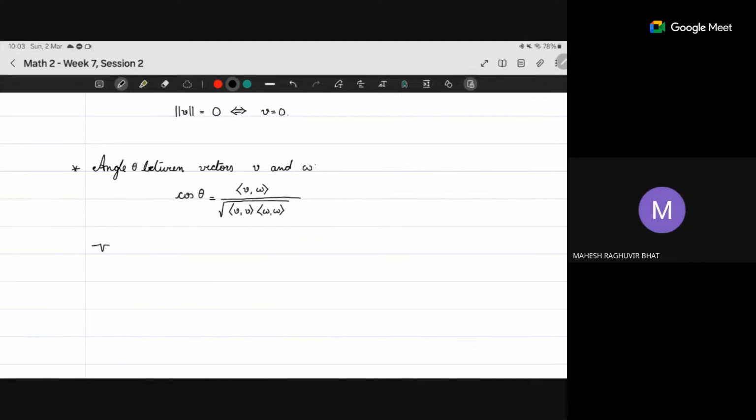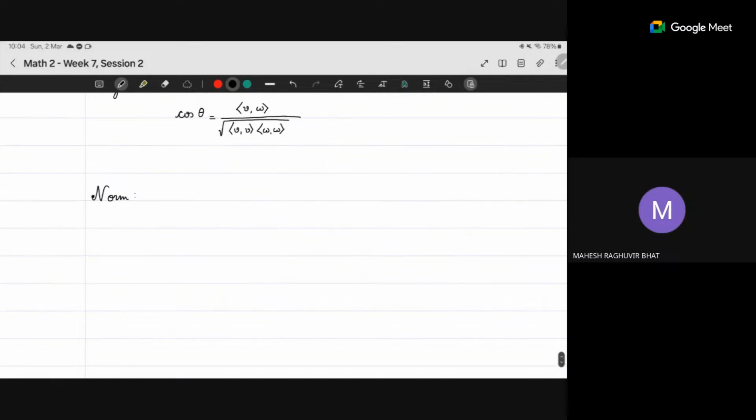But okay, back to angle, and now we'll define what a norm on a vector space is. Once again, now there will be some abstract formulations, and you will probably be using only length of vectors in Rn.